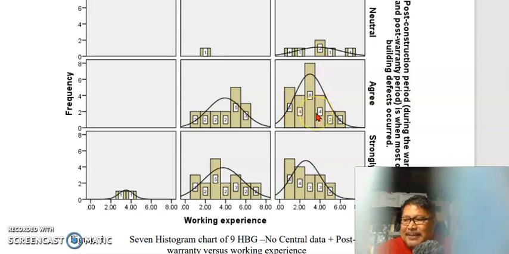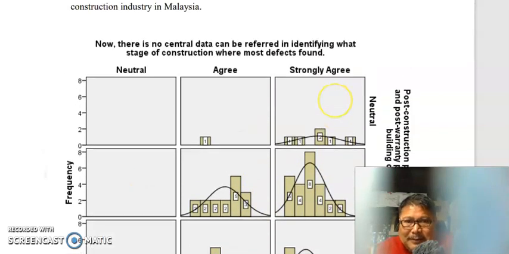This demonstrates that the test has a positive score and contributed significantly to the survey, as it indicates that there is no accumulated central data that can be referred to in identifying at what stage of the construction most of the construction defects are found, in the post-construction stage, then the test analysis during the warranty and post-warranty period is required central database, meaning that the central database, as far as these things here, is valid.